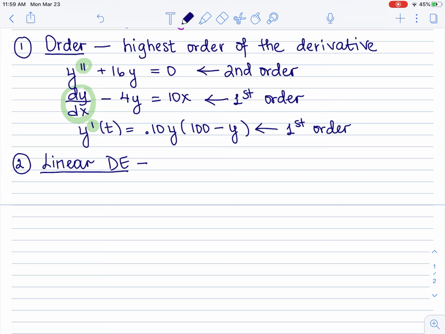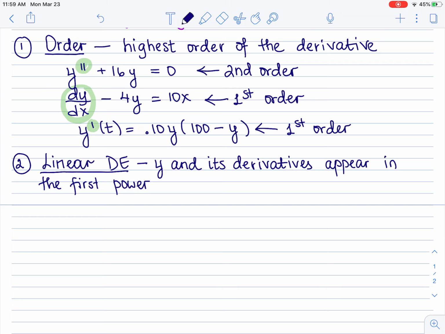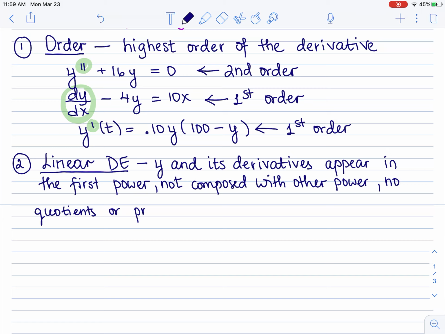In the differential equation, y and its derivatives appear in the first power, not composed with any other powers, and no products or quotients of y and its derivatives.